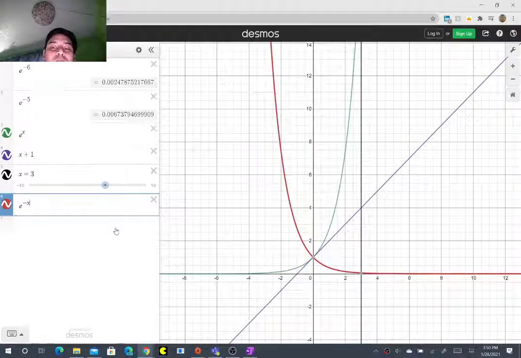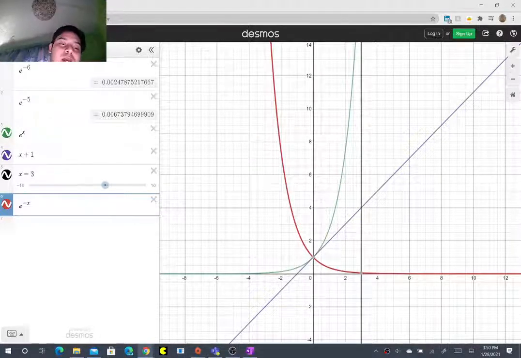It's just like whenever we had x and we would reflect it across the y-axis, we had negative x, right? It's the same with this. E to the negative x is just a reflection across the y-axis, okay?